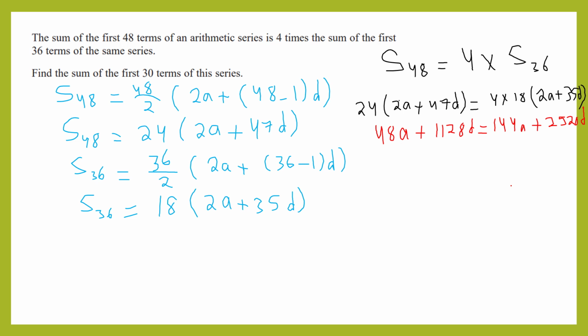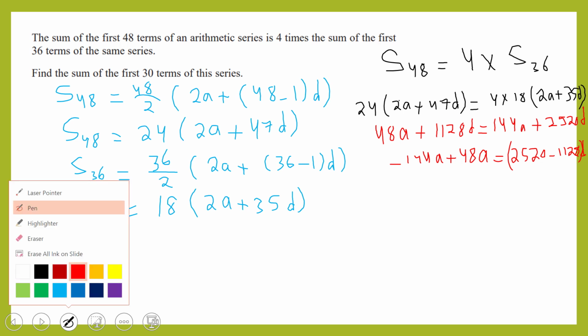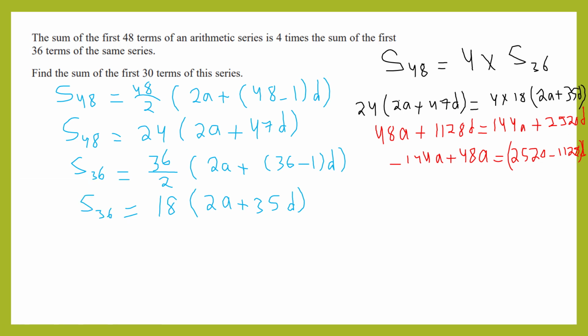negative 144a plus 48a equals 2520 minus 1128, all for d as coefficients of d. So let's try to write it on one side, all of them together.